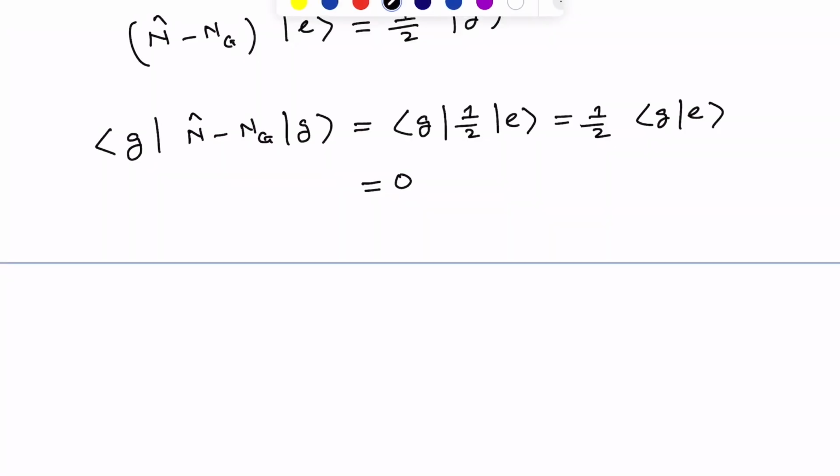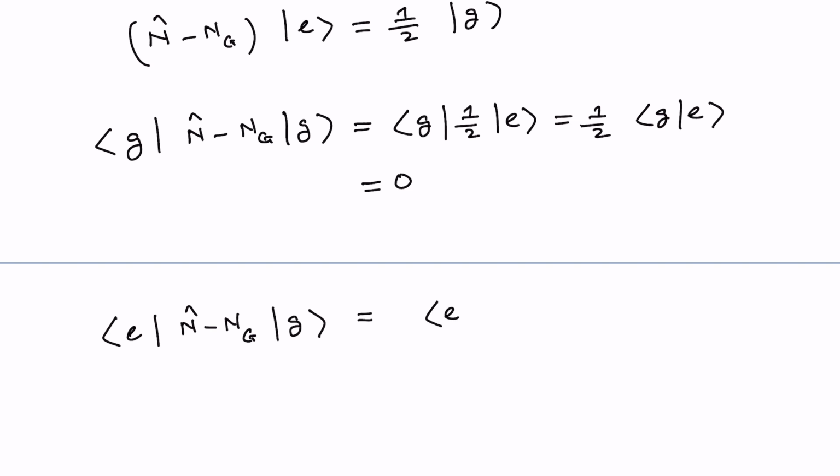Now in a similar way, if I take, say, e n minus nz on ket-z, this will give me e. Here I will get, because when this operates, you are going to get 1/2 ket-e. So therefore I will get e here and 1/2 outside.